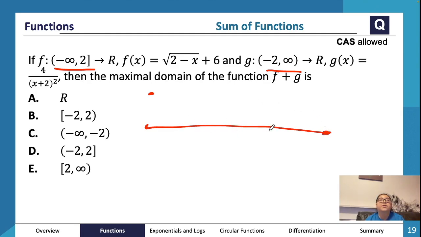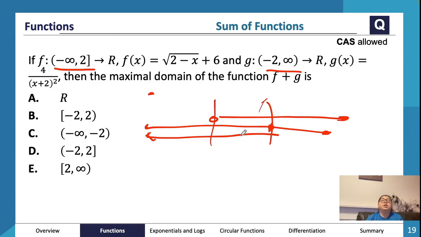We want something from 2 backwards, or we want something from negative 2 onwards. And we can see where the sweet spot is in terms of which section we want. That section includes all 3 lines, so we're pretty happy with that, and that's going to give us our overall maximal domain.